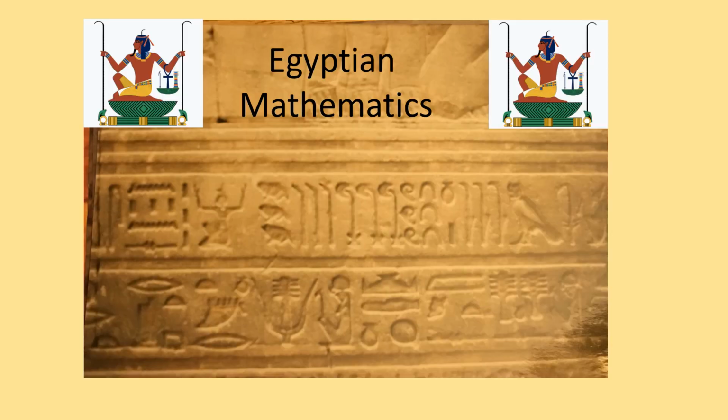In this example, which we saw in lesson 1, we see the Medu Netcher numeral system, with the symbols written from left to right into the face of the seated Netcher. And remember that the seated Netcher represents the number 1 million and is identified as Aha or Hehe.